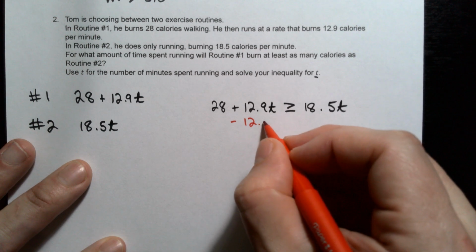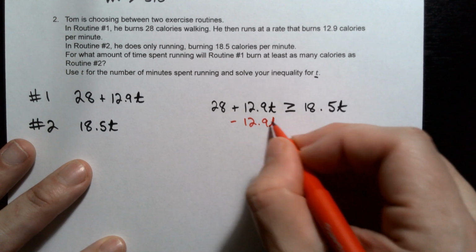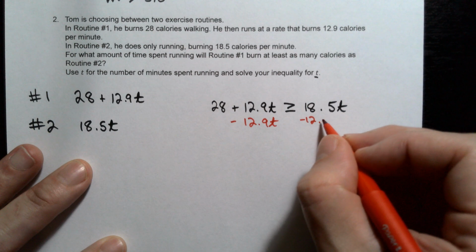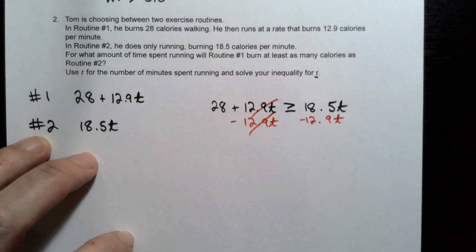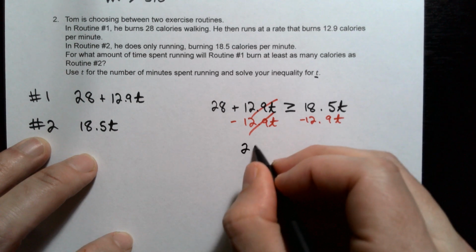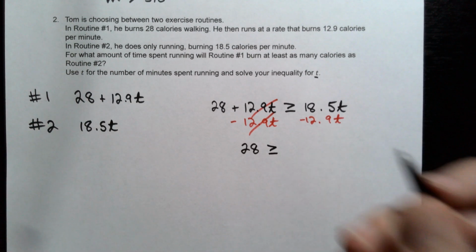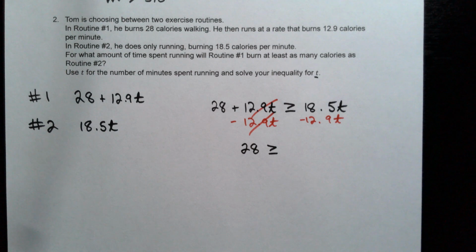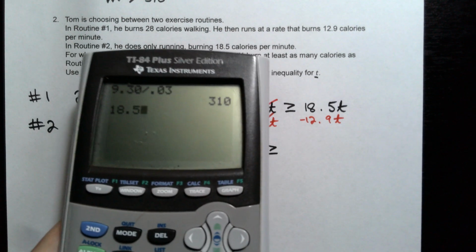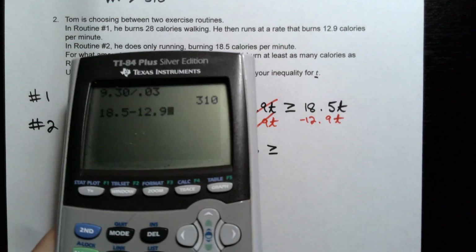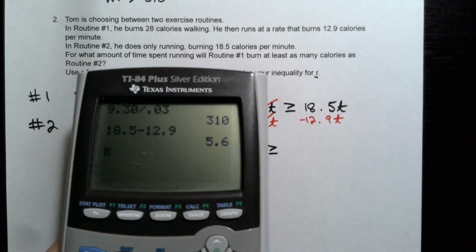I'm going to subtract 12.9 T from both sides. Okay, so that will cancel out that entire term over there, and we'll leave a 28 over here is greater than or equal to, what is 18.5 minus 12.9? Well, let's find out. 18.5 minus 12.9, that gives us 5.6.